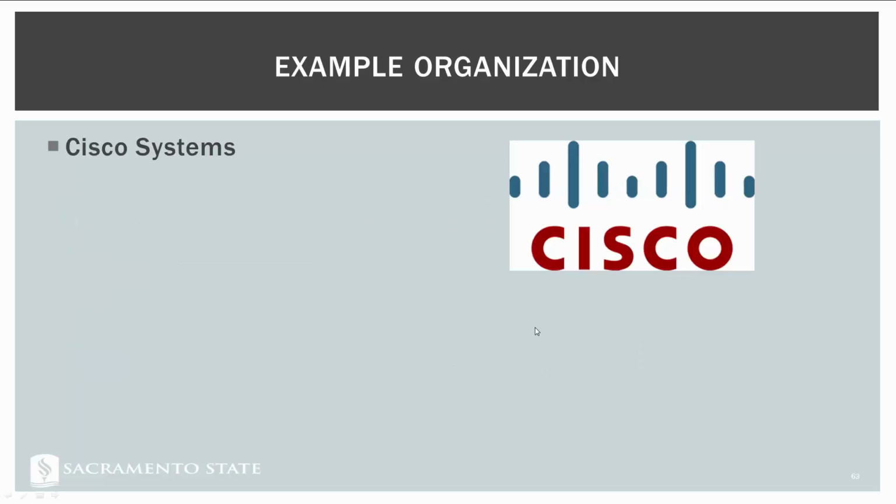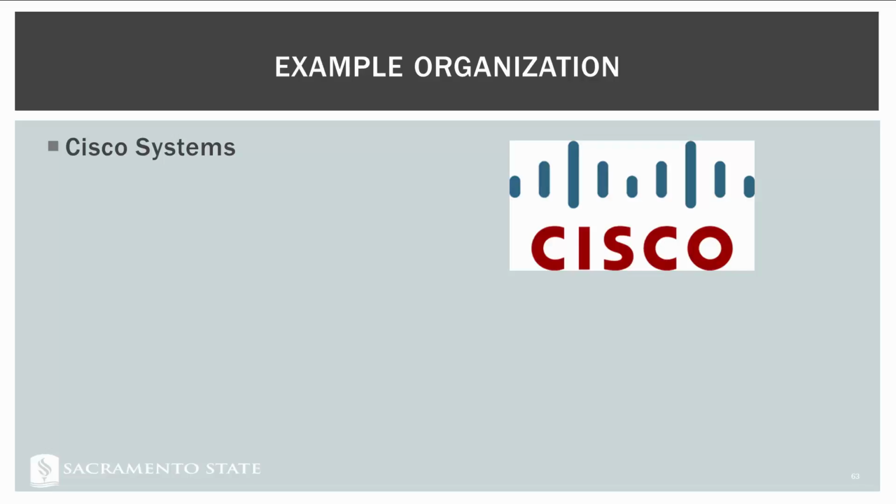Another example organization is Cisco. Cisco is probably the most widely known networking gear company. They provide routers and firewalls and other sorts of in-network access points and network infrastructure. They're a San Francisco-based company, and a very, very important one.